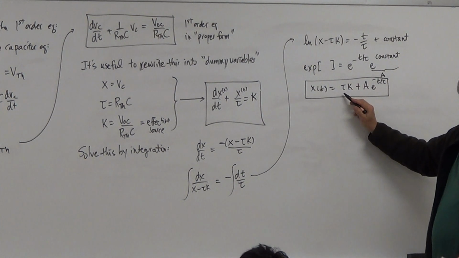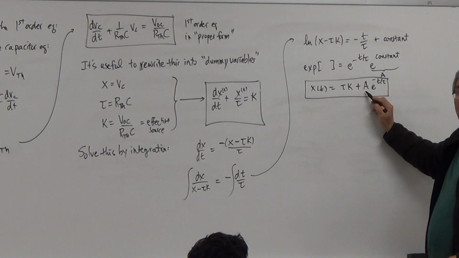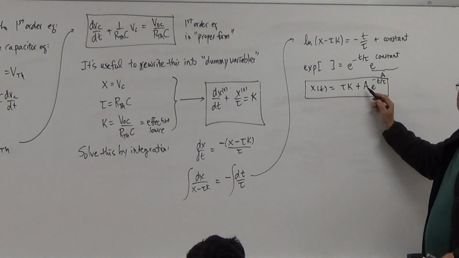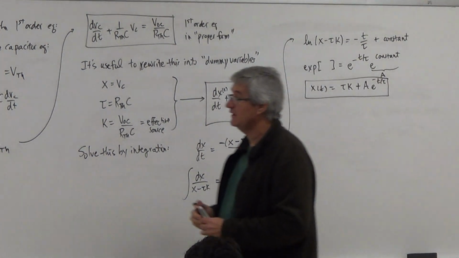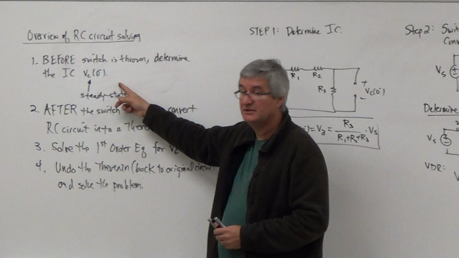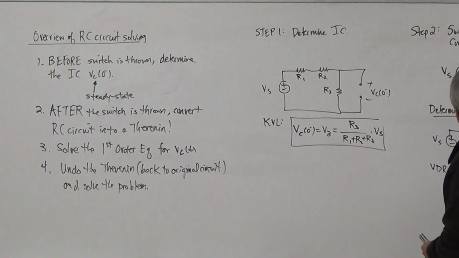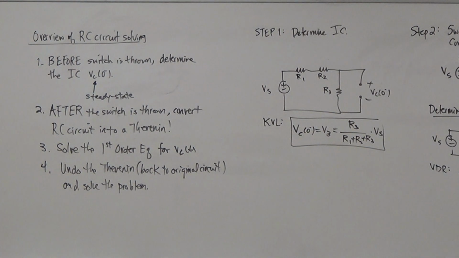I know what tau is, but I gotta force that condition A, and the way I'm gonna force this condition so that it's in nice form is, well, I know that the initial steady state has to be this. I know that the final state has to be this guy right there.